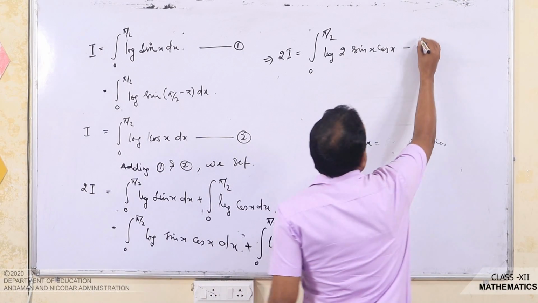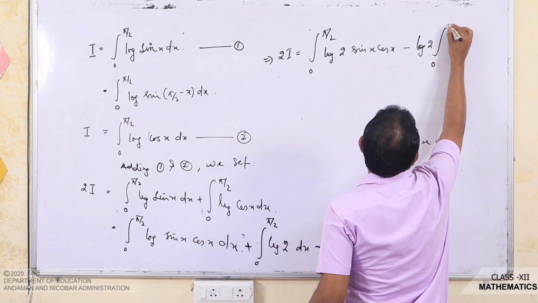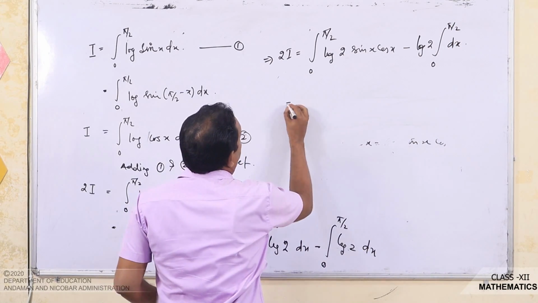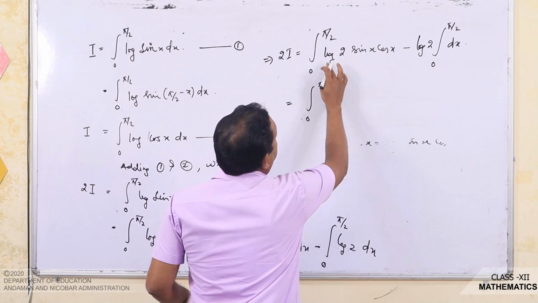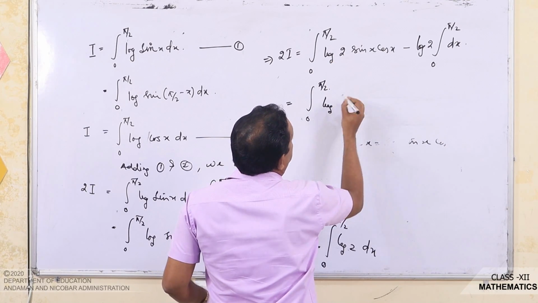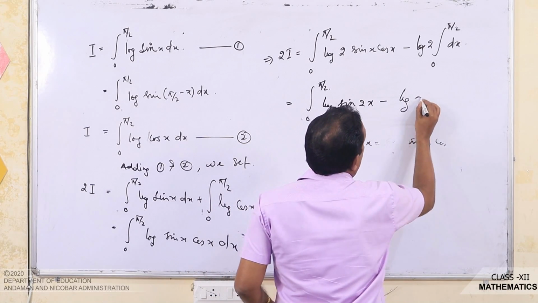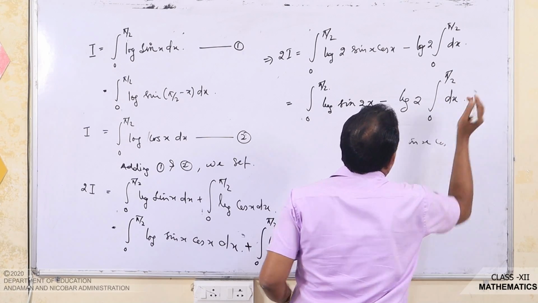So, log 2 times integration from 0 to pi by 2 of dx. Now here we can write 0 to pi by 2 of log of sin 2x dx minus log 2 times integration of 0 to pi by 2 of dx.